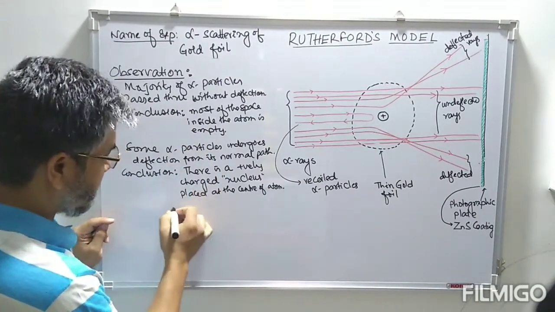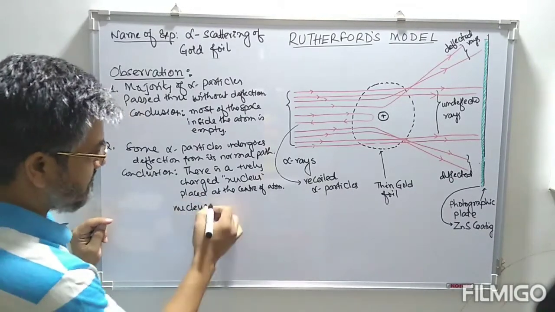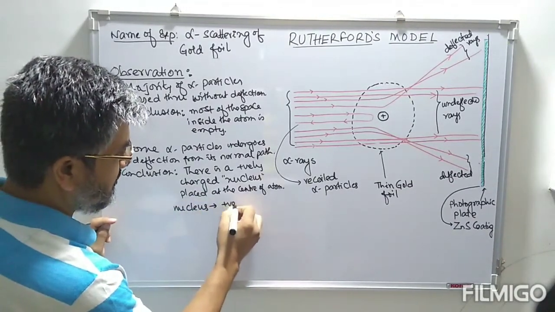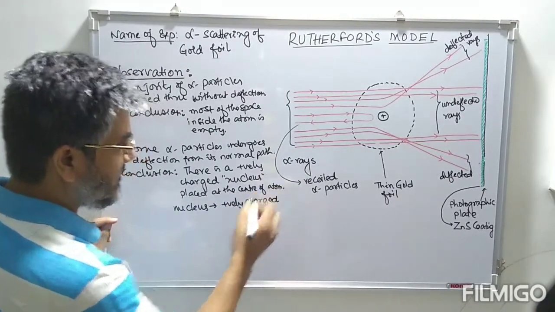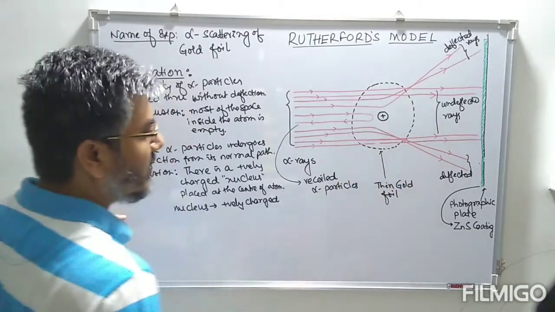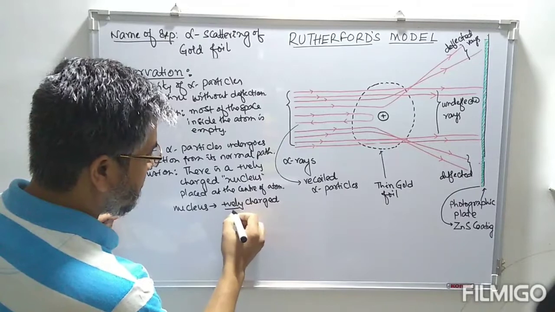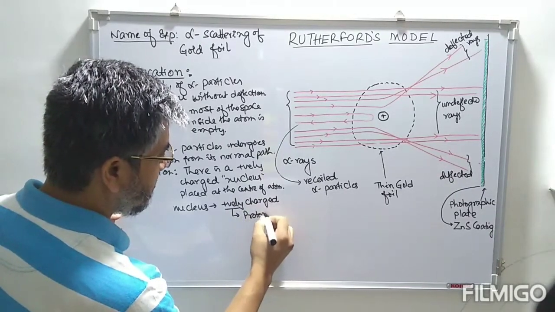So we have a nucleus. The nucleus is positively charged and is placed exactly at the center of the atom. This positive charge is due to the protons.